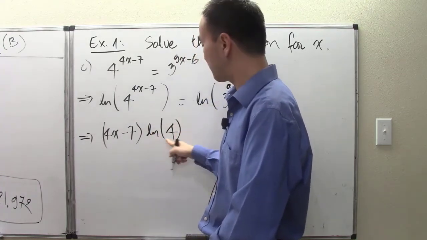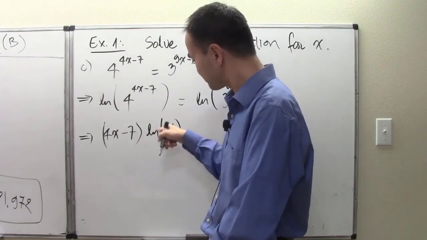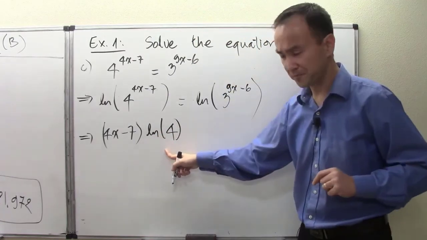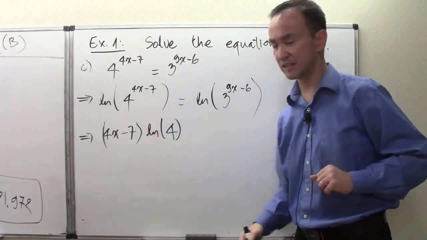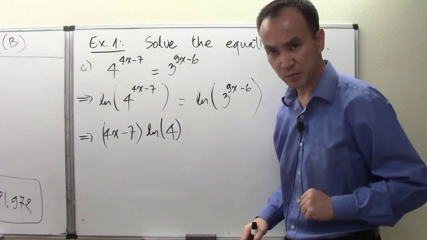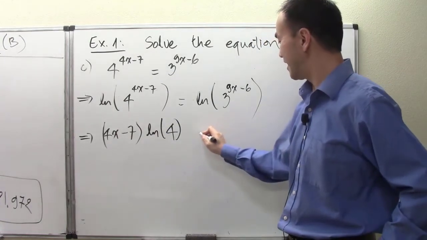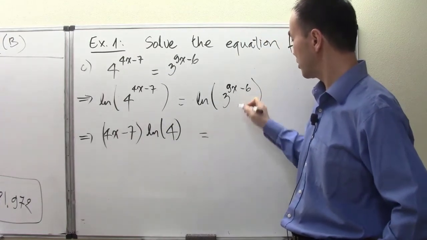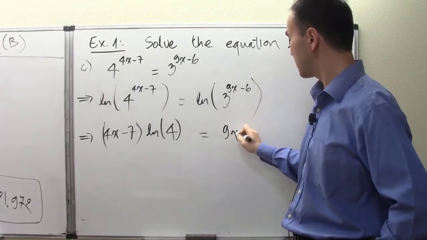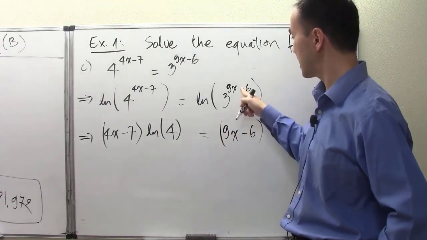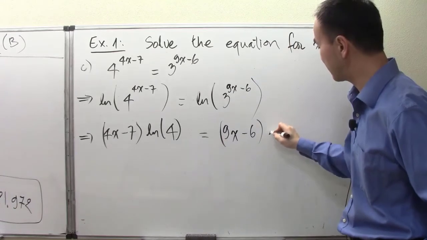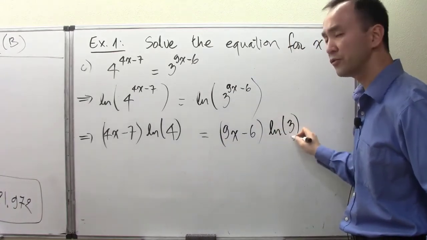Natural log of 4 is now a coefficient multiplying the entire 4x minus 7 expression. On the right-hand side, 9x minus 6 is brought down in front of the logarithm, and now I have natural log of 3.